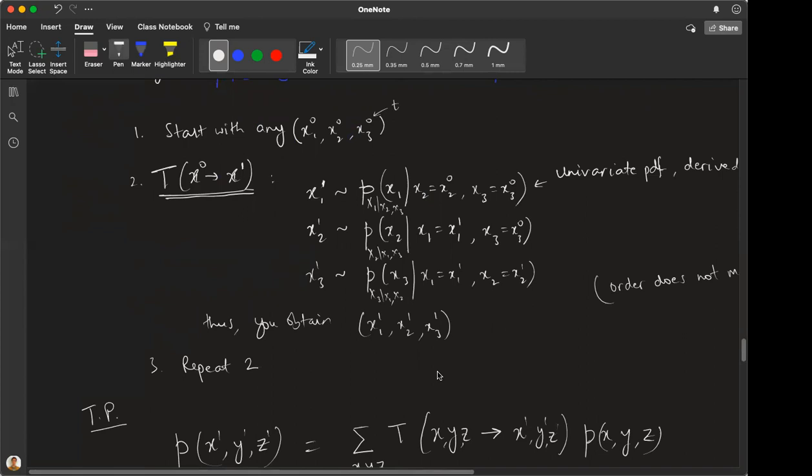Can you see some possible reason why Gibbs sampling may become very difficult or maybe even impossible in some cases?